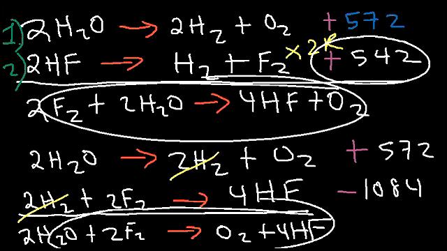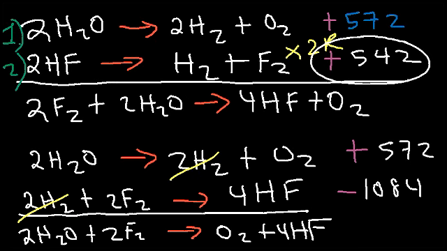So what that means is that we can now add the enthalpy values to get the enthalpy change for the whole reaction. So negative 1084 plus 572 is negative 512. So this is the answer.